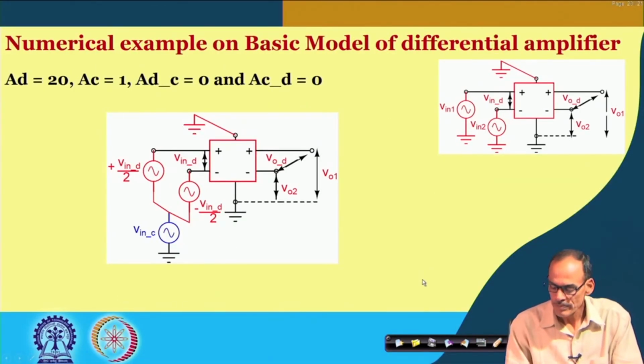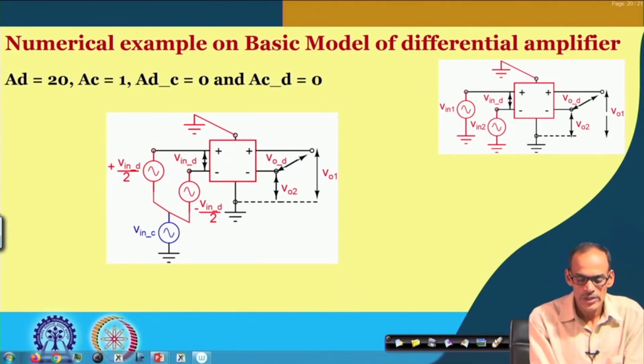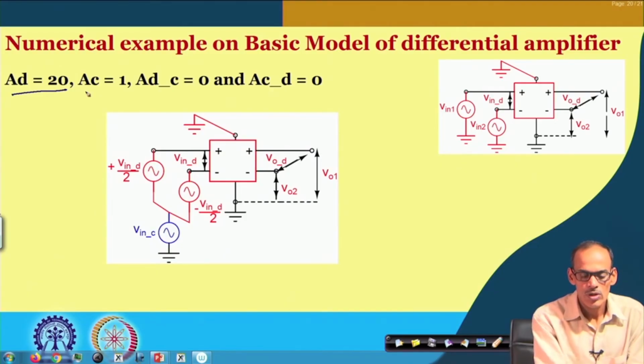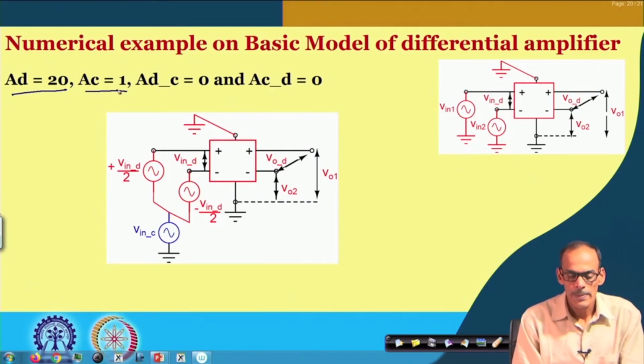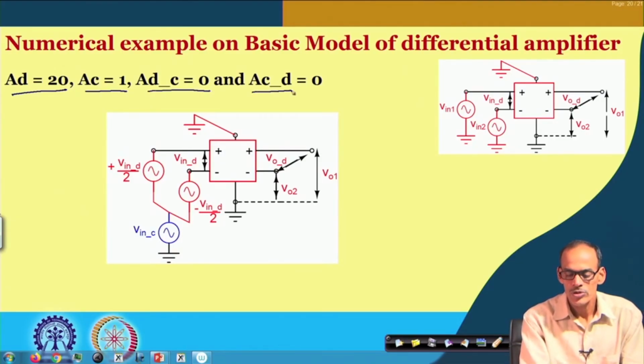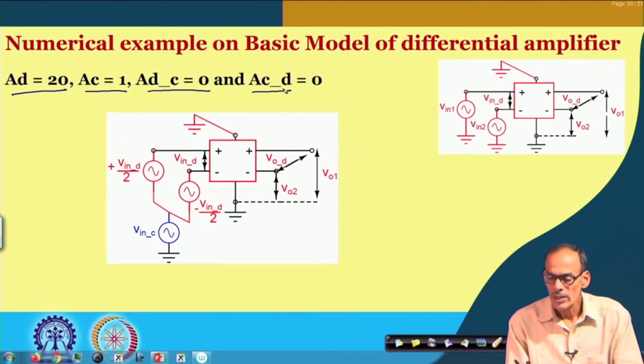Yeah. So, we do have a numerical example which we already have discussed, probably with different quantities, and mathematically you can try it out. Differential mode gain is say 20, common mode gain is say 1, and both differential to common mode gain and common mode to differential mode gain are say 0, and this is the corresponding circuit.